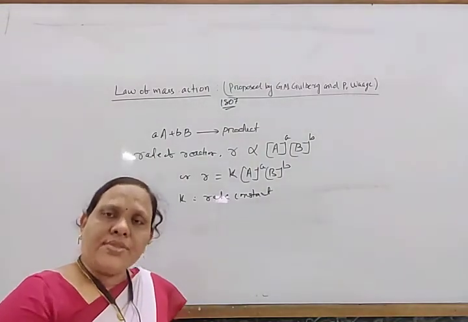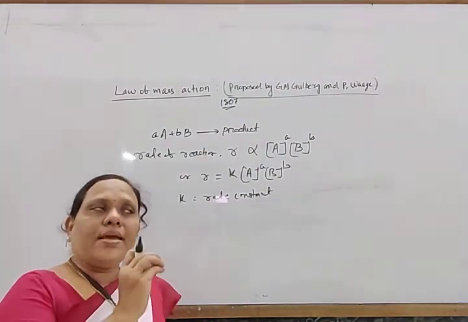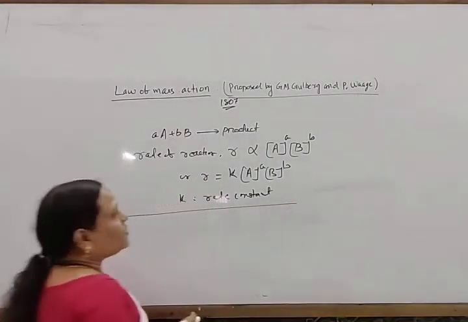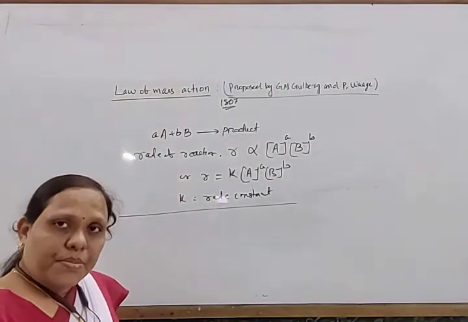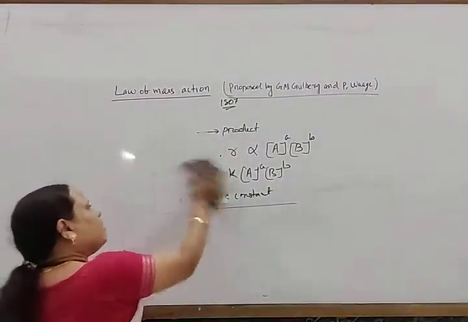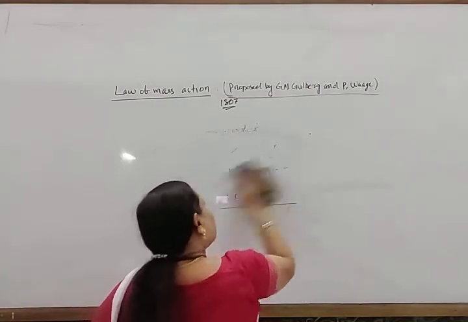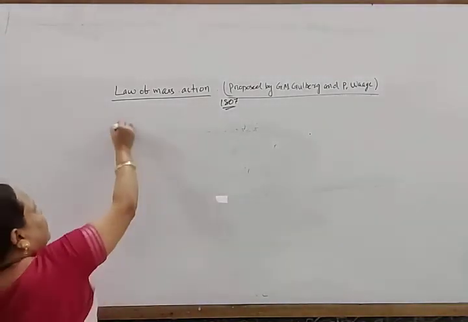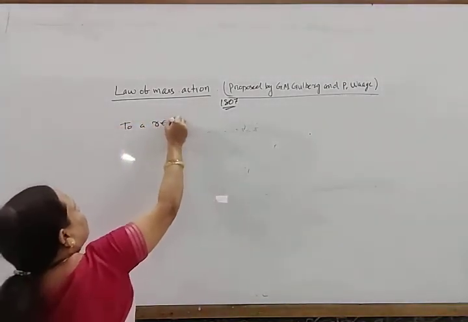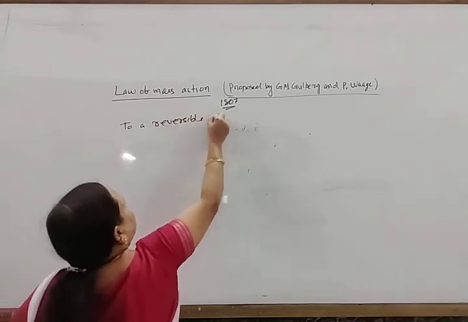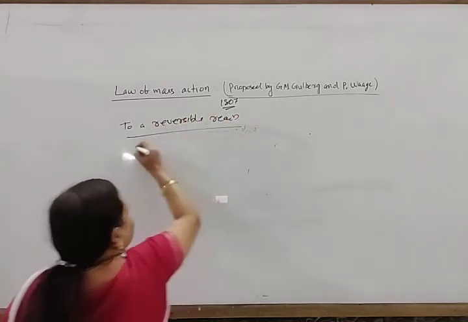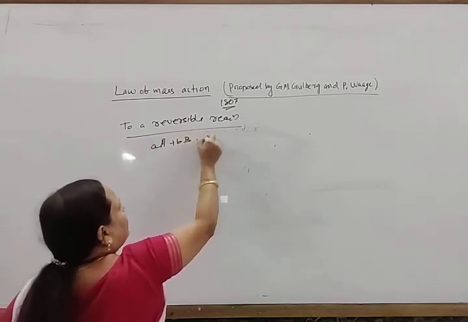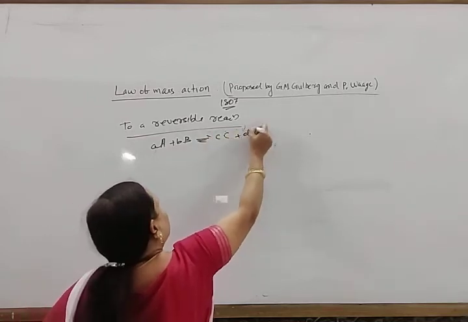Now let us apply the law of mass action to a reversible reaction, and what we get is known as the law of chemical equilibrium. So, applying the law of mass action to a reversible reaction, let us consider the reversible reaction aA plus bB give rise to cC plus dD.